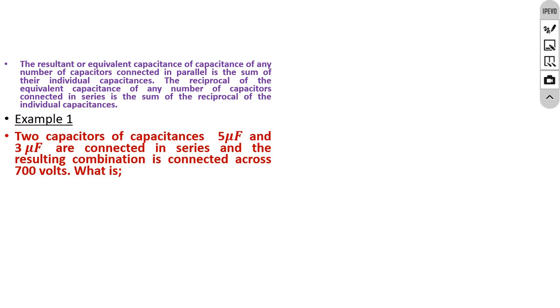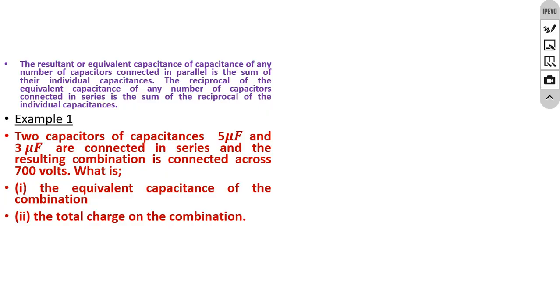Two capacitors of capacitances 5 microfarad and 3 microfarad are connected in series, and the resulting combination is connected across 700 volts. What is I, the equivalent capacitance of the combination, and total charge on the combination? So we have to find the equivalent capacitance and then total charge on the combination. So before we continue, I think we need a sketch.